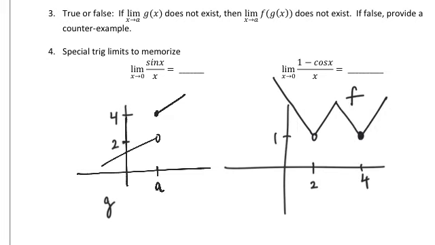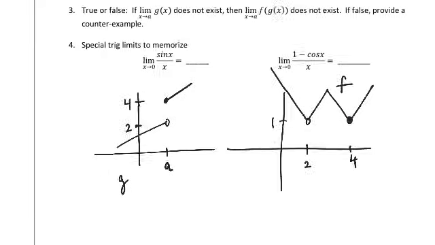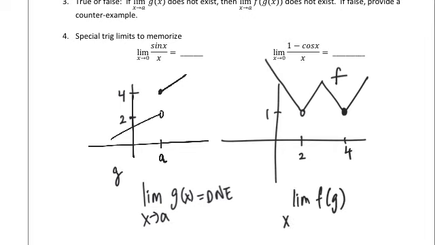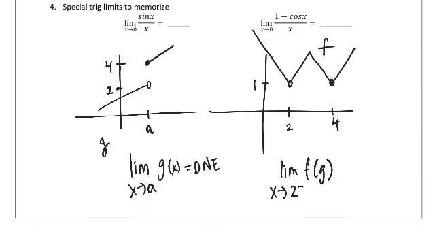So here's a simple function where the inside limit of g of x as x approaches a is clearly DNE, right? But the left and right limits exist here, and those are 2 and 4. Then when I do the limit of the composite function and I look from the left, the inside goes to 2, and so f is going to go to 1.